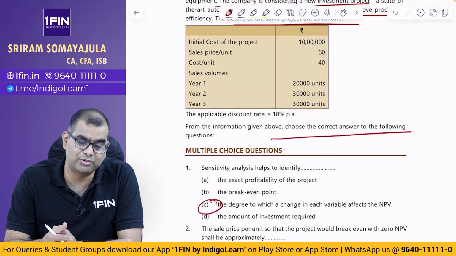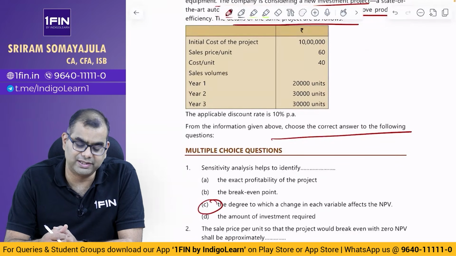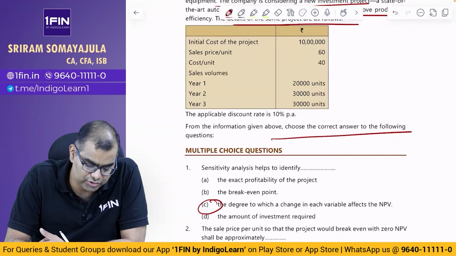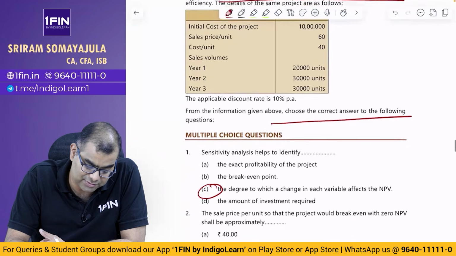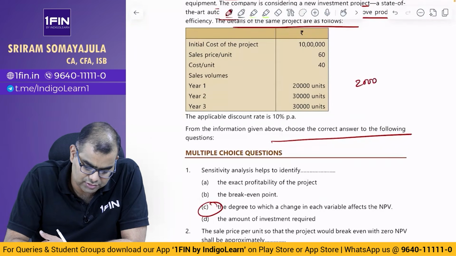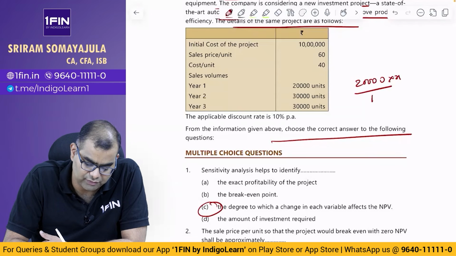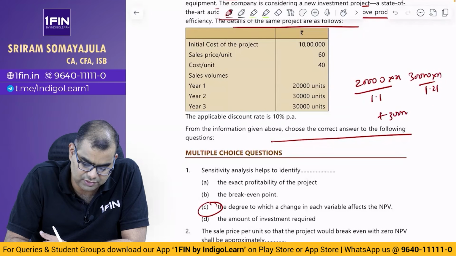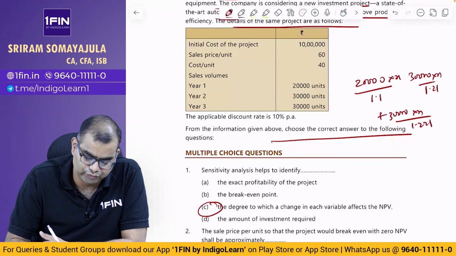So now you are supposed to compute NPV, not at each year level. So 20,000 units, and the sales price has to change. So 20,000 by 1.1, let's say the contribution is X, plus 30,000 into X by 1.21, plus 30,000 into X by 1.331.